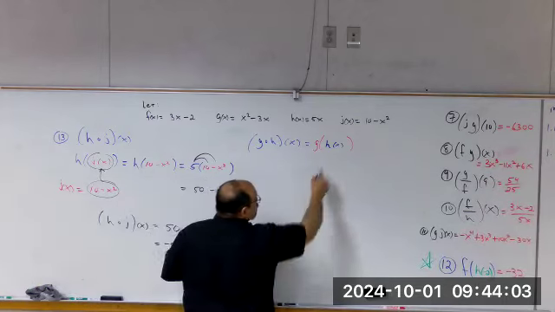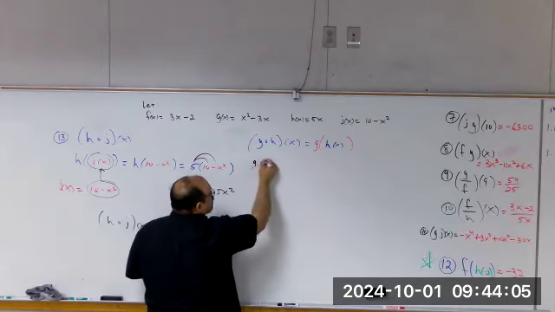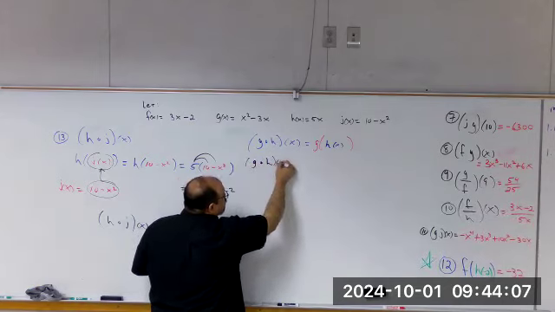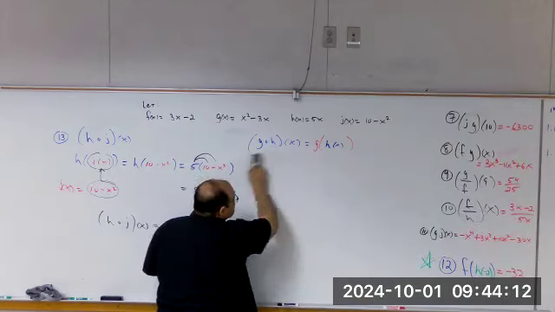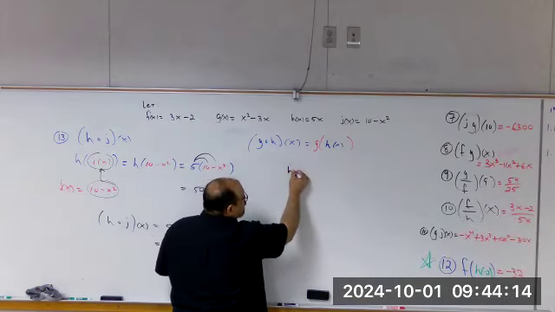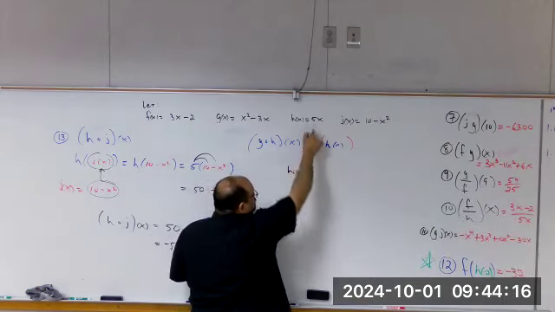So H of X goes first. H of X is just 5X.